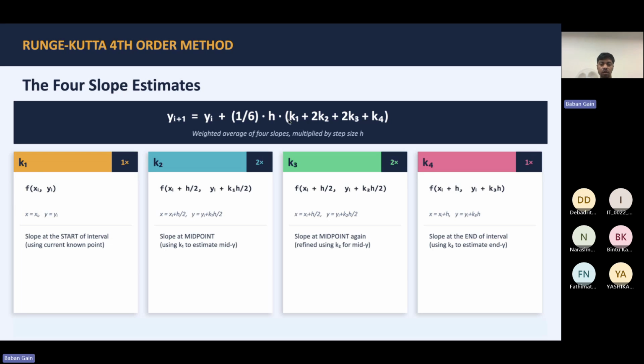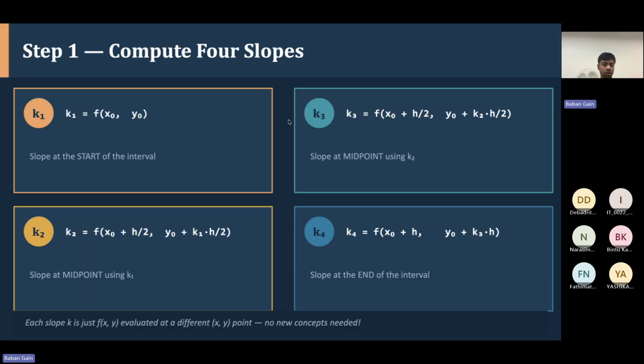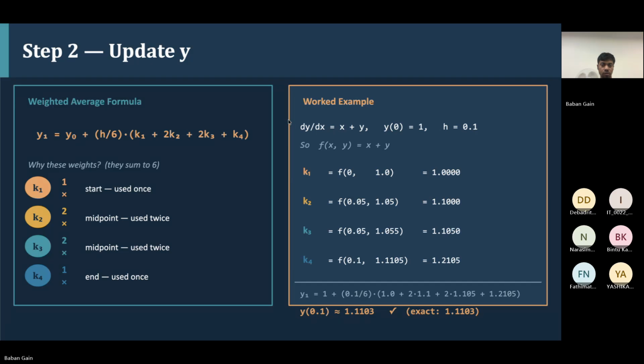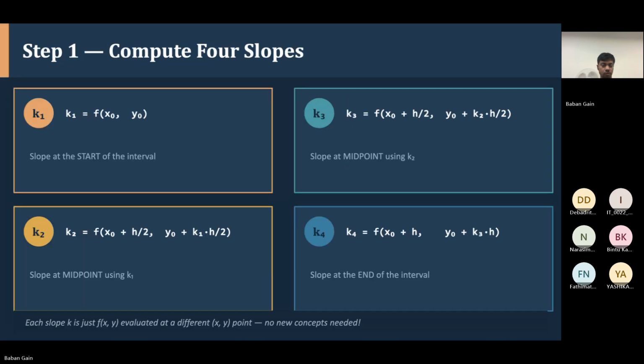So basically, let's say we have the equation here. Let's say you have an equation where you have some initial starting point, like there is some interval, okay, and y0 is the value of the output.